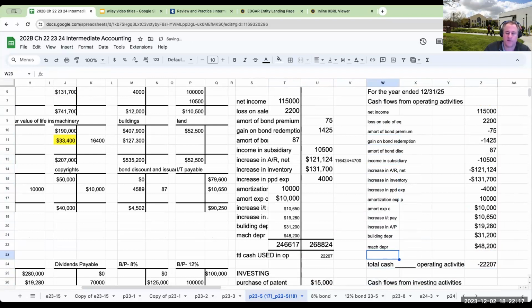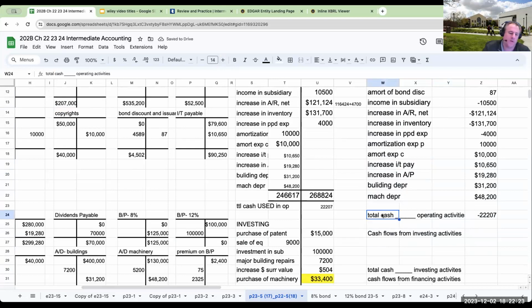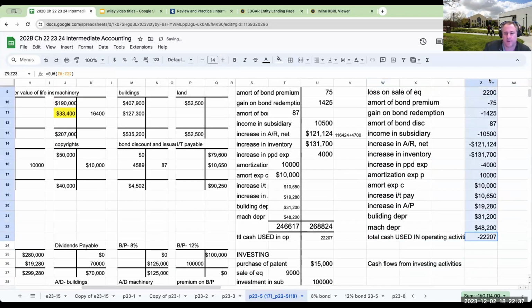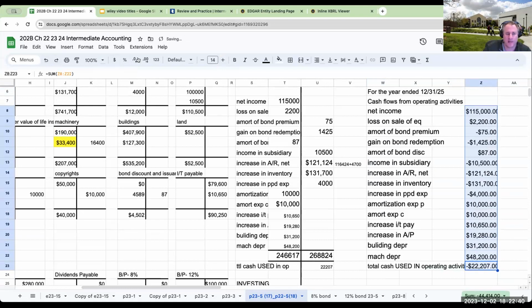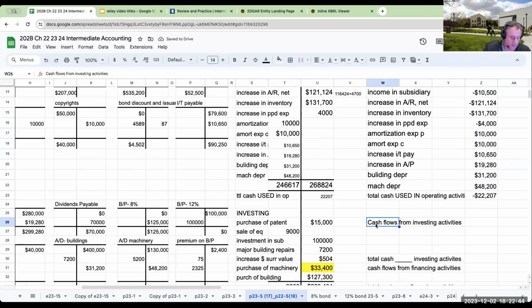And this is obviously a lot easier to do on Microsoft Excel than to handwrite this out. If you actually have an instructor that's going to give you something like this on your final, that's actually kind of impressive. This is absolutely brutal. I mean, you're seeing me struggling with this, and I've been doing cash flow questions for a long time. I can't imagine what you're going through, but hopefully this helps.